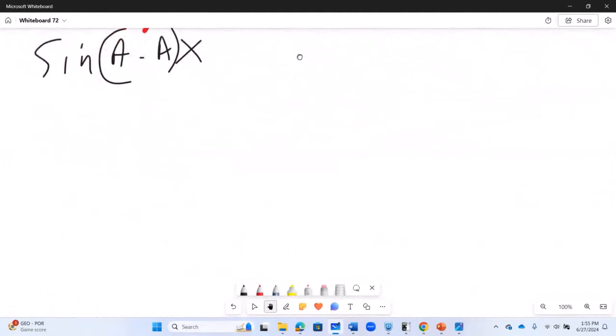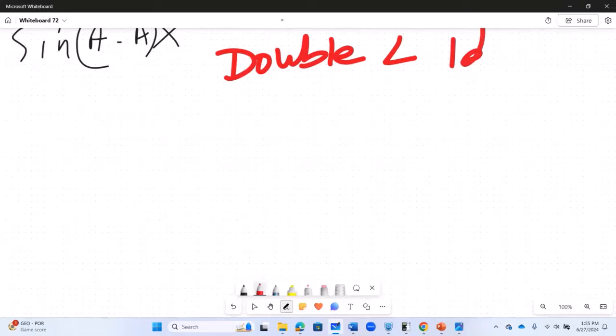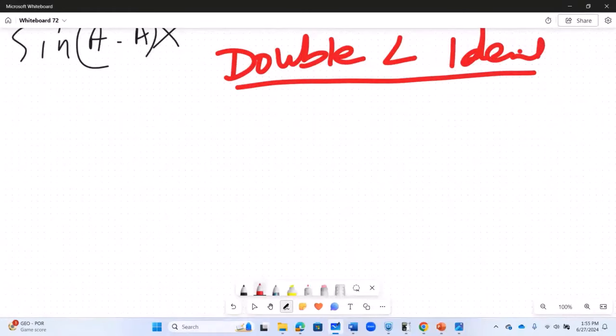Double angle identity for cosine. All right, cosine.